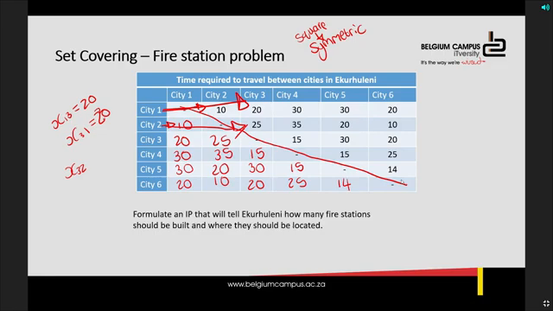So if you're going from city 1 to 1, you're already in that city, so you don't need to worry about a certain amount of time to travel to that city. Of course, you could have a problem where it requires time within a city to travel to different regions, then it will just be a bigger table, right? But the same concept will still apply. Like, how many minutes does it take?